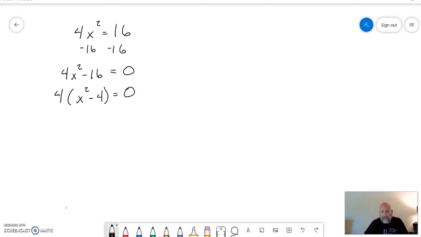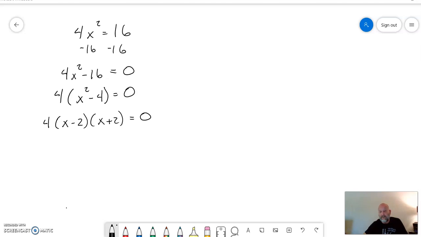I'm not going to be able to factor 4 anymore, at least not for any use. But we do notice that x squared minus 4 is the difference of squares. And so that means a full factorization here would look like this. Right? We have x minus 2 and x plus 2. So 4 times x minus 2 times x plus 2 is equal to 0.